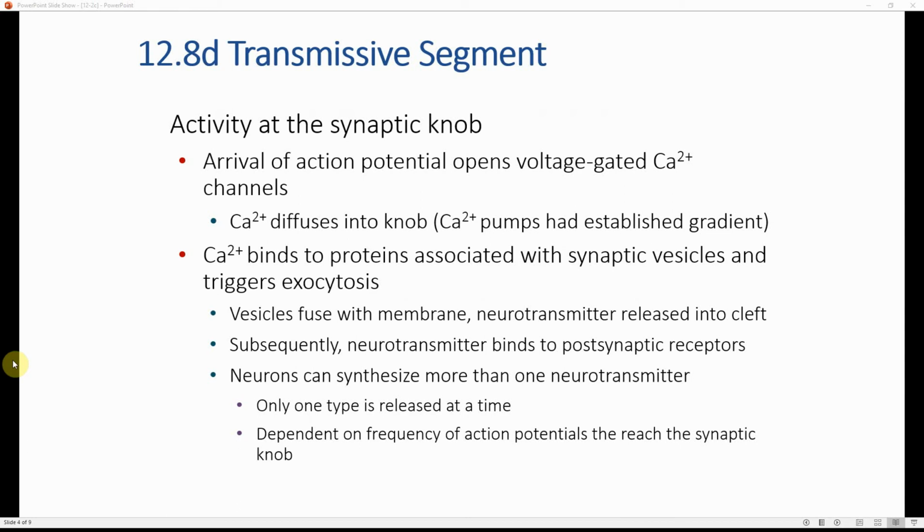The calcium then binds to a protein called synaptotagmin, which allows the synaptic vesicles to bind to the outside and through exocytosis release their neurotransmitter. The neurotransmitter then can diffuse across the synapse and plug into our postsynaptic receptors, and then either, remember, cause an excitatory or an inhibitory stimulus to happen.